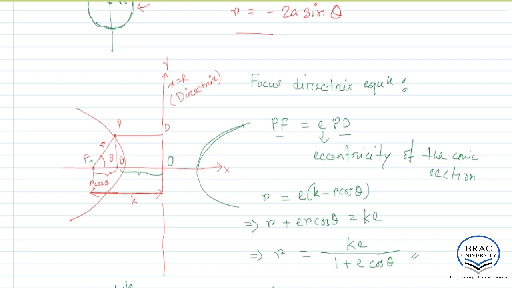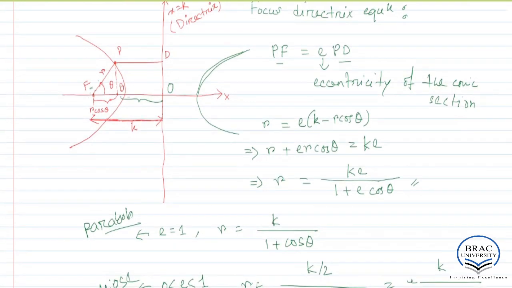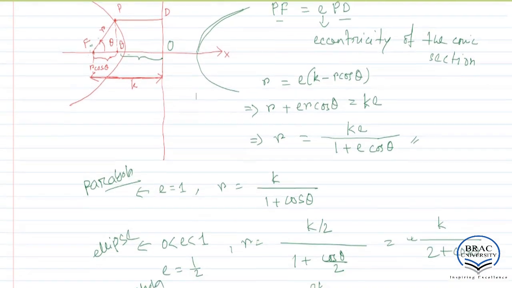You can consider a parabola like this one, or an ellipse like this one, or a hyperbola like this one. For this type of conic section you need to modify the equation in polar coordinates, and you will get the corresponding equation if we consider the signs of the coordinates accordingly.